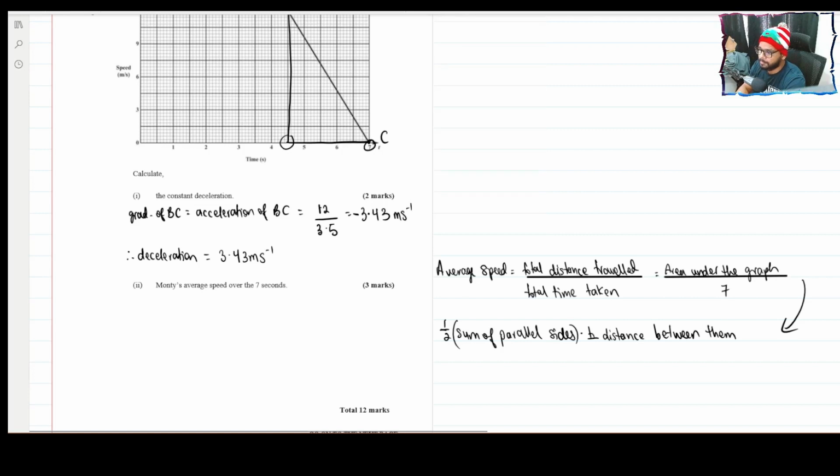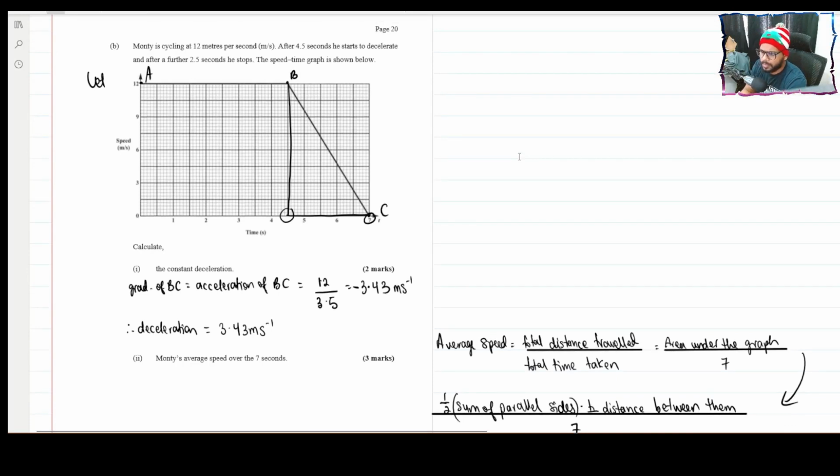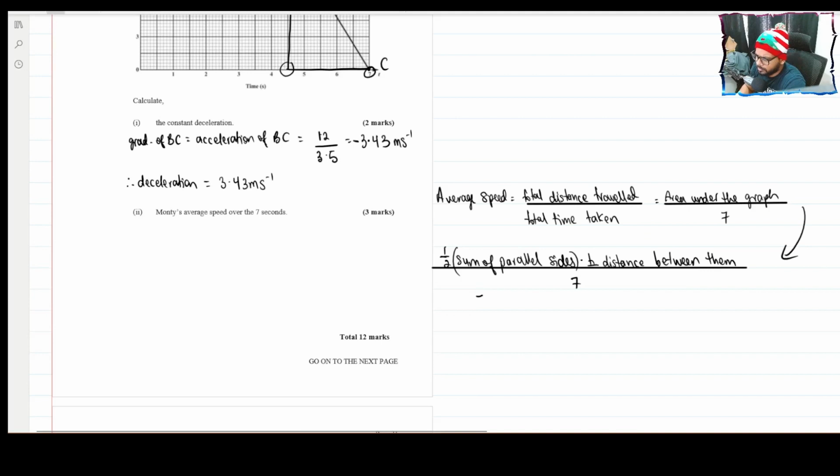Divided by 7. Sum of the parallel sides is going to be 7 plus 4.5. And the perpendicular distance between them is 12.